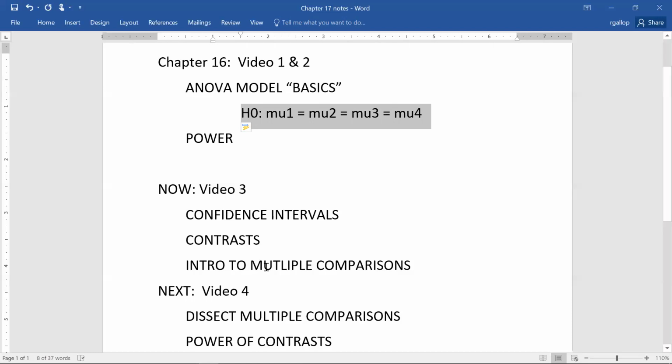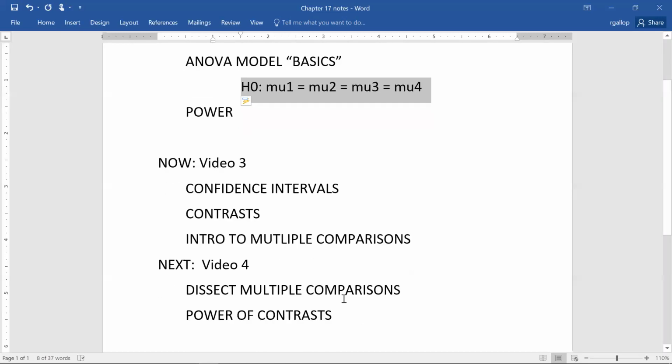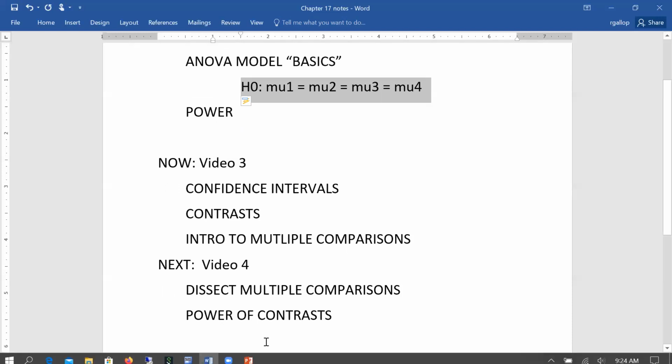And we want to talk about, well, how do you account for what we call in this situation a multiple comparison? We'll just give a little flavor introduction of that in video 3, but we'll dissect it more in video 4, the second part of chapter 17, as well as talk about power of the contrast. So that's what we have to do tonight.